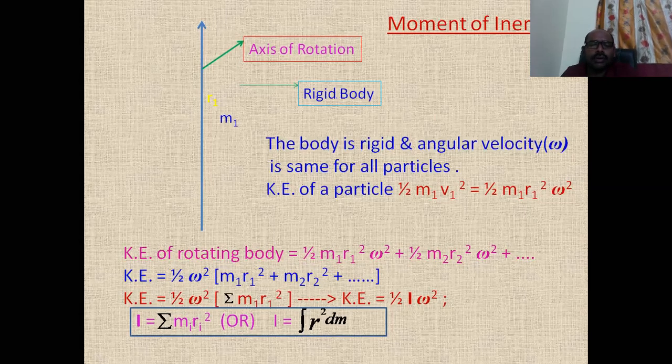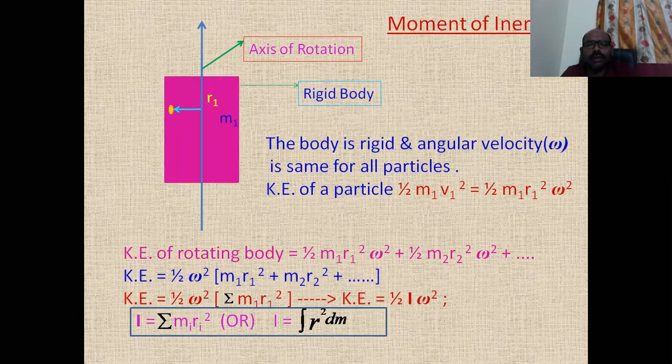In the case of continuous mass distribution, I is equal to integration r square dm. So that is the moment of inertia.